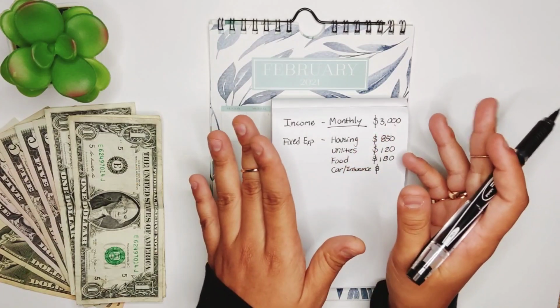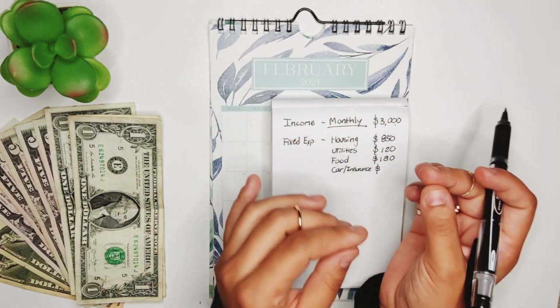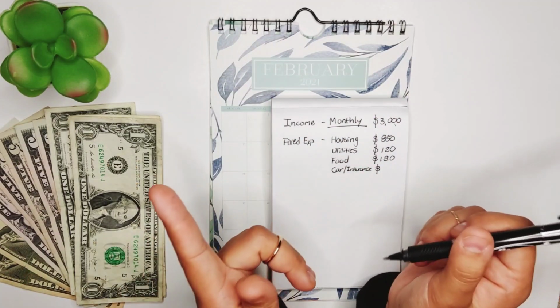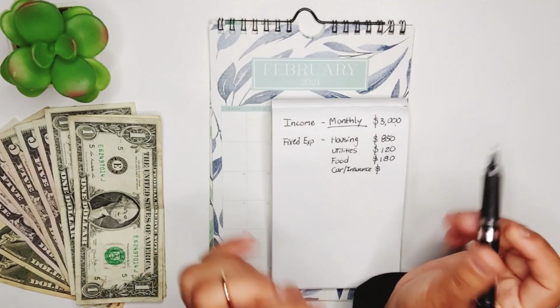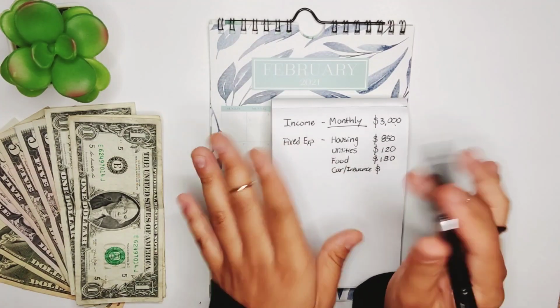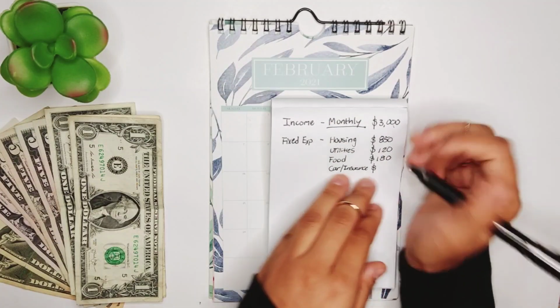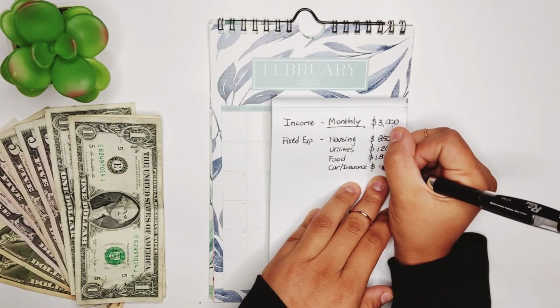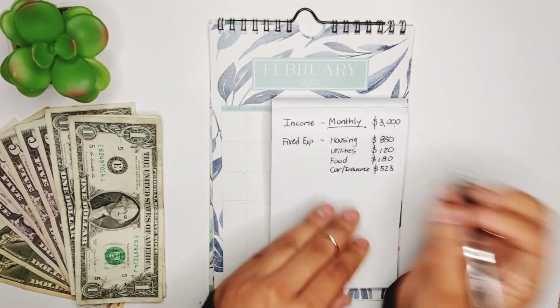And if you don't have a car loan, then you are where I am aspiring to be right now. But if you do have a car loan, then that's going to be added into this category, as well as the insurance. And let's say the two of them together for a monthly bill would come out to $523.